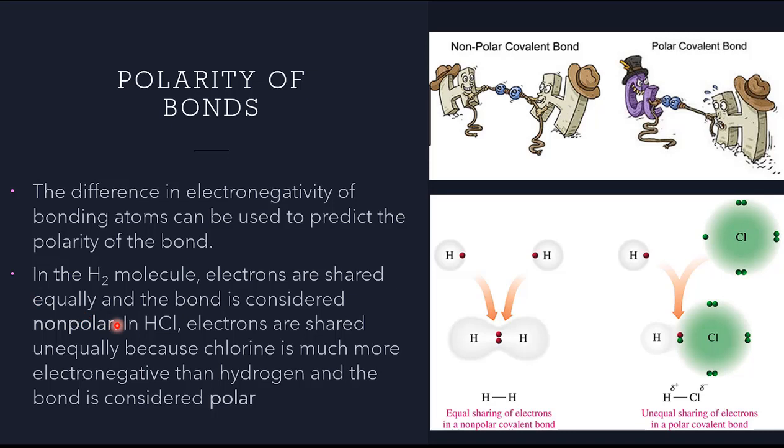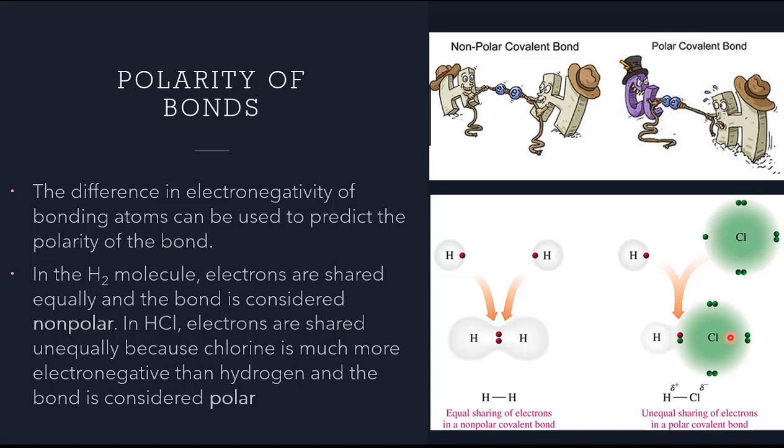However, in molecules such as hydrochloric acid, the electrons are shared unequally because chlorine is much more electronegative than hydrogen, and therefore you are going to end up with what we call a polar bond. So if we look, hydrogen's electron is going to be pulled closer to the nucleus of chlorine because chlorine is greedier.